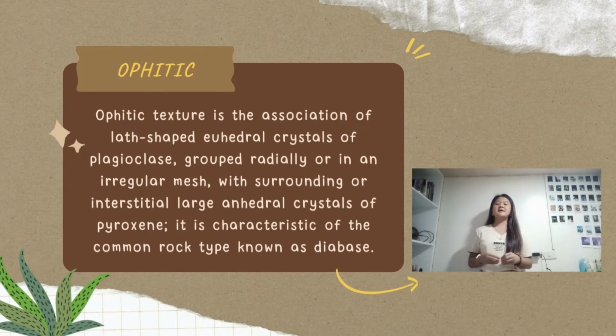Ophitic. Ophitic texture is the association of lath-shaped euhedral crystals of plagioclase grouped radially or in an irregular mesh, with surrounding or enclosing large anhedral crystals of pyroxene. It is characteristic of the common rock type known as diabase.